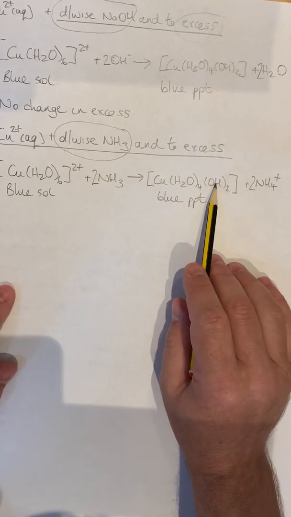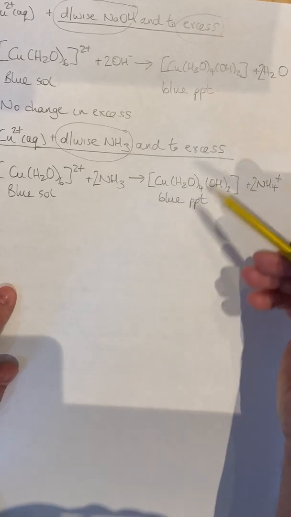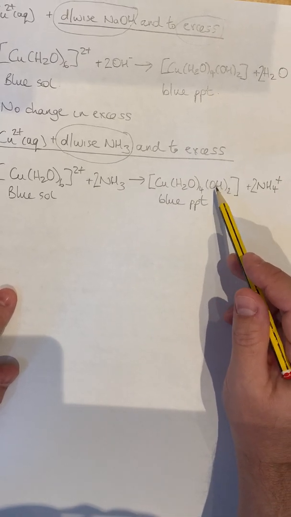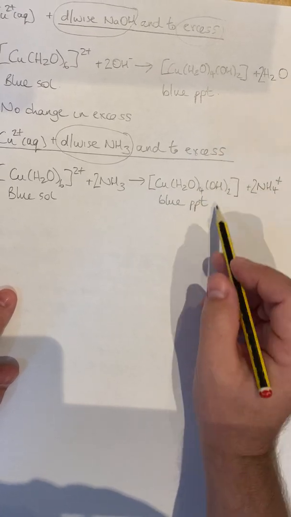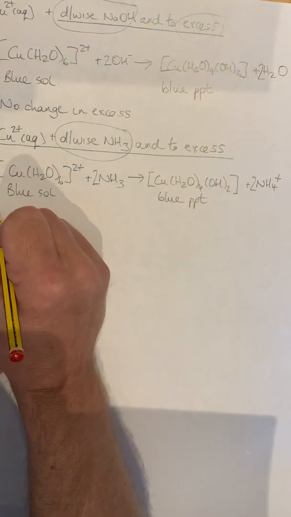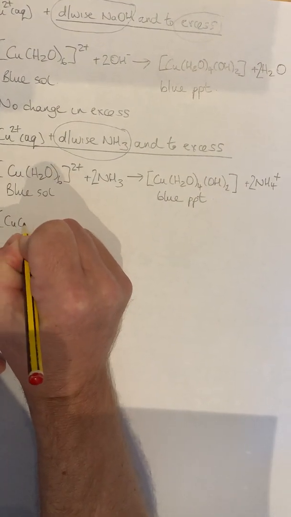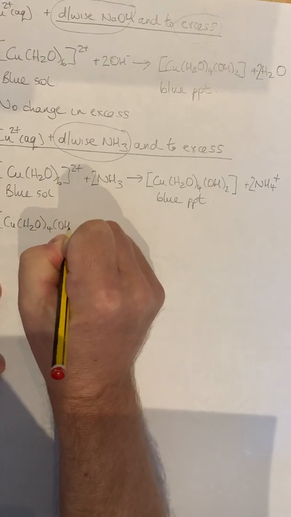Then when you add to excess, we'd use concentrated ammonia, you get a better result with that, but that's still excess. We're still adding lots of ammonia. And we would then add that to the precipitate that's formed. So our next equation for excess begins with our precipitate formed at the end of the dropwise one.